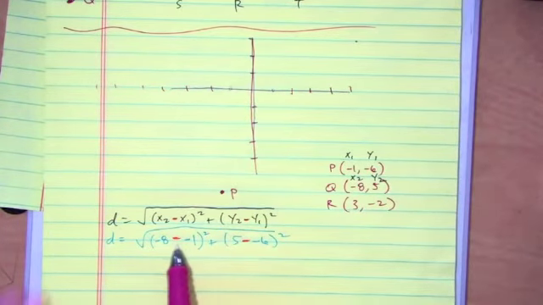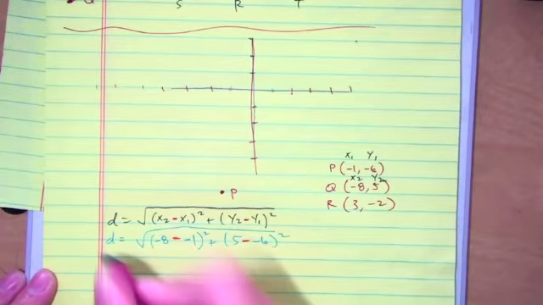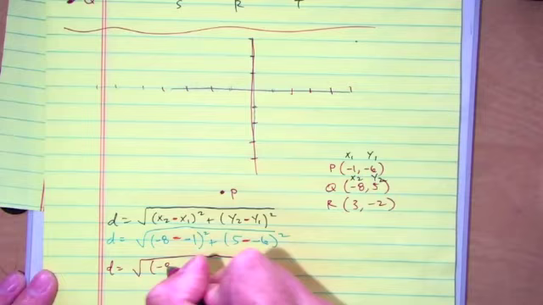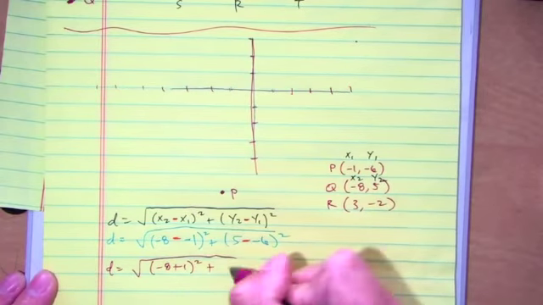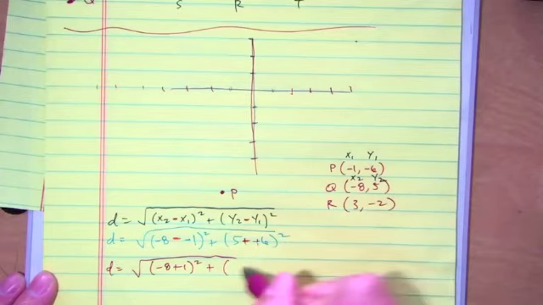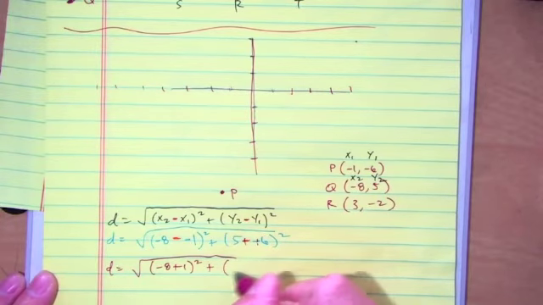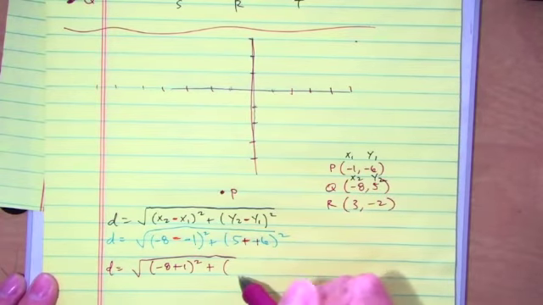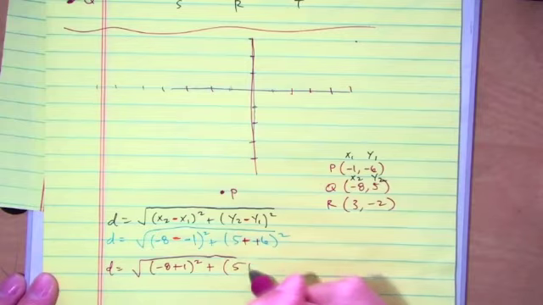Class, what happens here? Turns into addition. So I have a negative 8 plus 1 squared plus, so that becomes, wait, was it P and Q or P and R? P and Q, correct? Yeah, it should be 5 plus 6, sorry, 11.